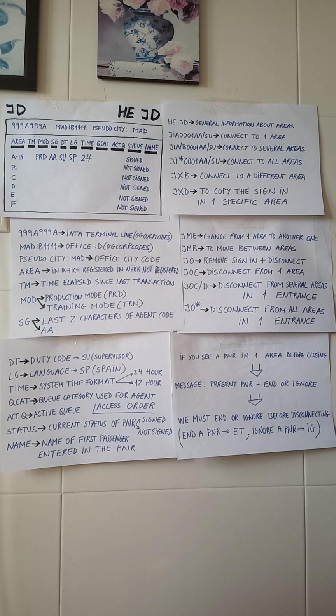The area names are A, B, C, D, E, and F. I recommend that you watch that video to better understand what I am going to explain in today's video.